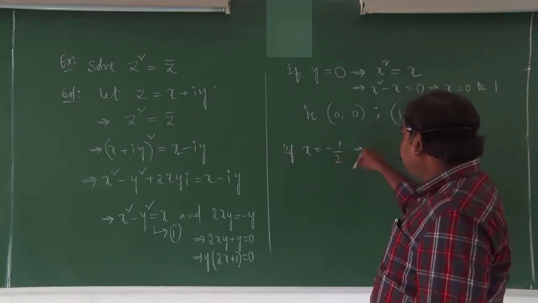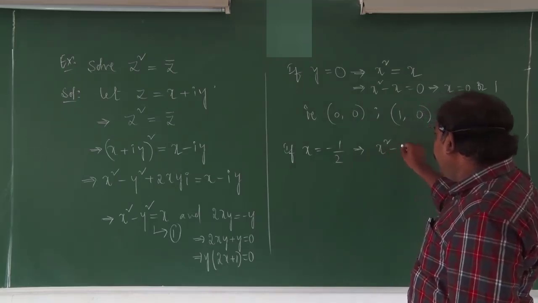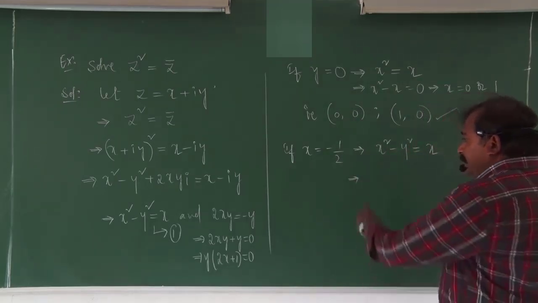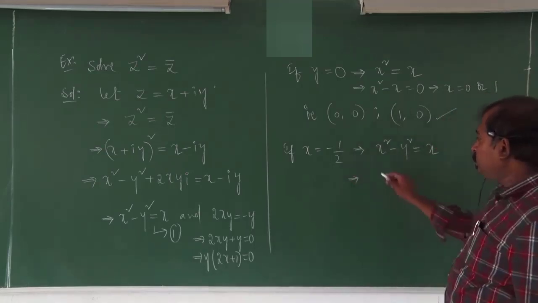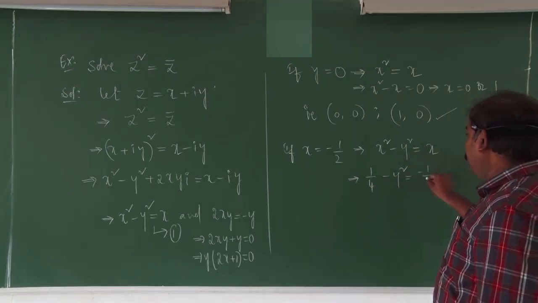Next case, if x is equal to minus 1 by 2, what is that equation? x square minus y square equal to x. With this, x square is 1 by 4, so 1 by 4 minus y square equal to minus 1 by 2.